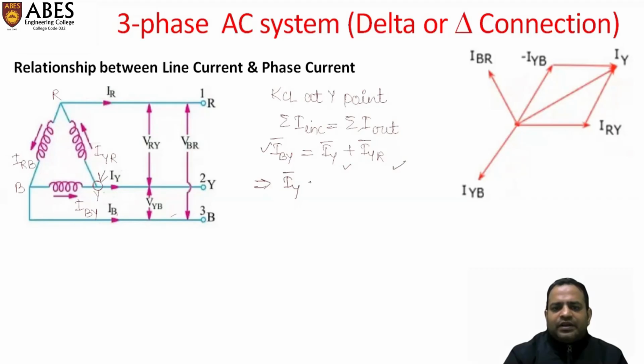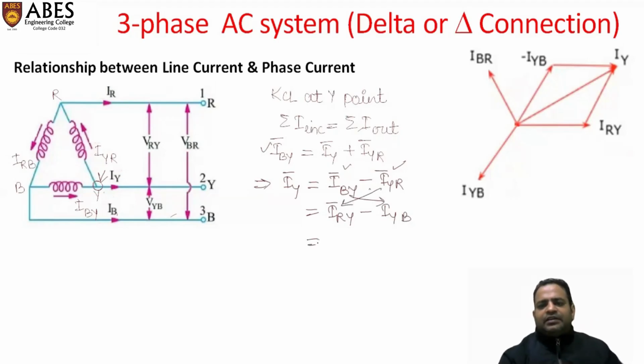So we can calculate IY, that is IBY minus IYR, or we can write IRY minus IYB, by taking the negative of these vectors. So what is the value of IRY?